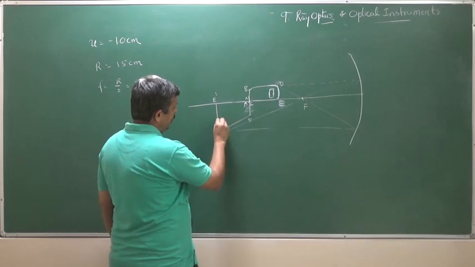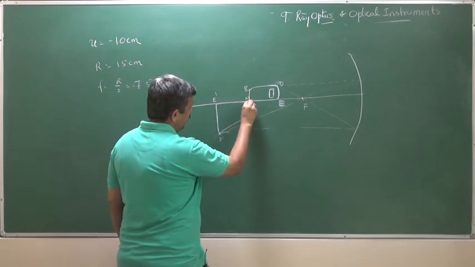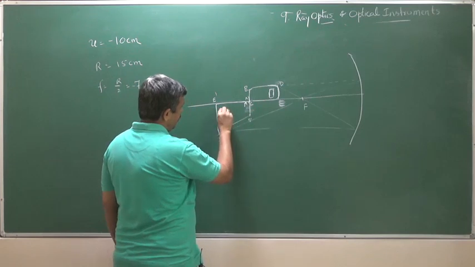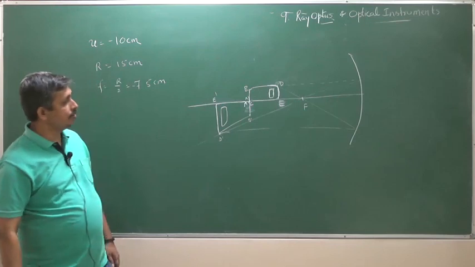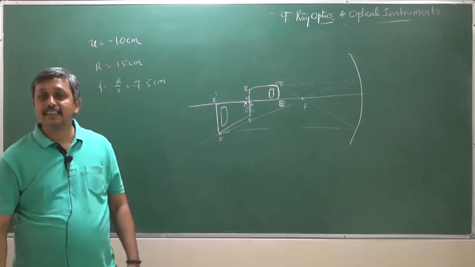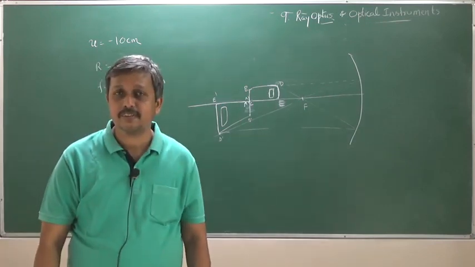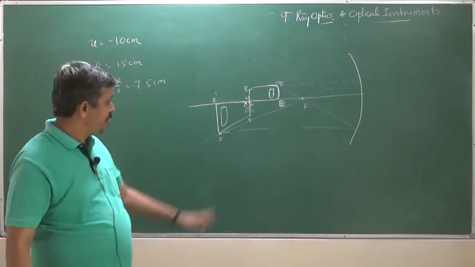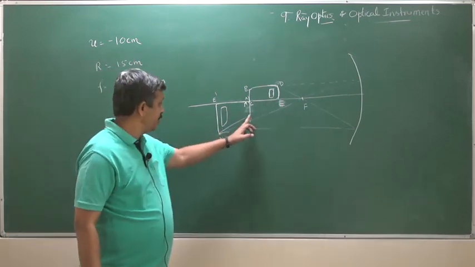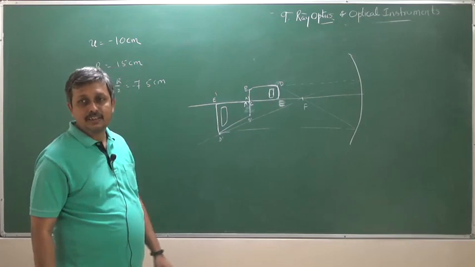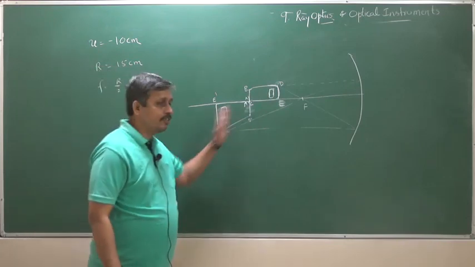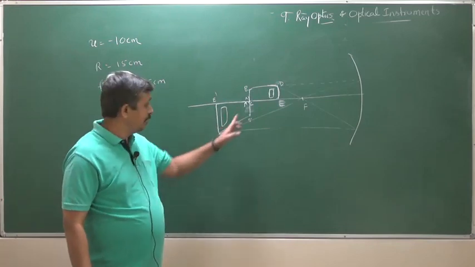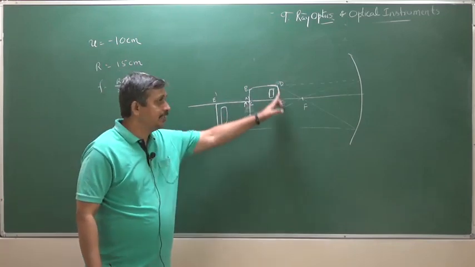So you actually get a picture something like this. It's a distorted picture. Look at the image, it is now distorted. You have to learn how this image formation happens, because this side it is as is and this side it is expanded.